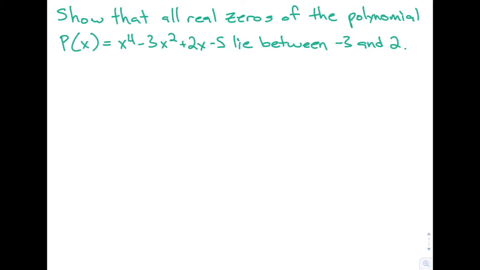It says, show that all real zeros of the polynomial p of x equals x to the fourth minus 3x squared plus 2x minus 5 lie between -3 and 2. So let's start with x equals 2. If we're expecting 2 to be an upper bound on the real zeros of p, then we should expect that the bottom row will all be positive. So we need a 1, a 0, -3, 2, and -5.